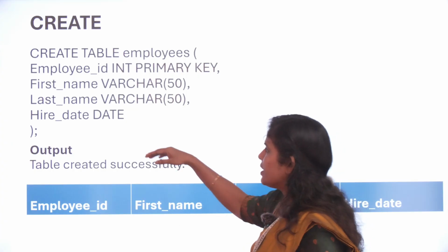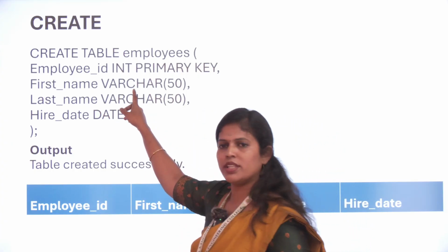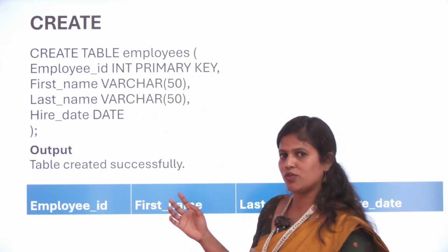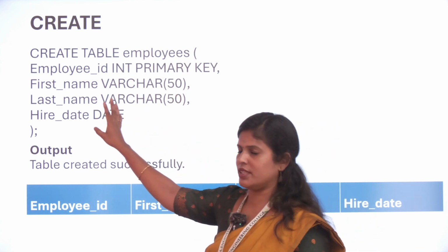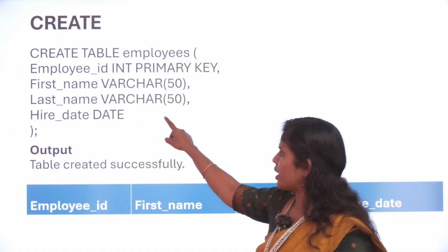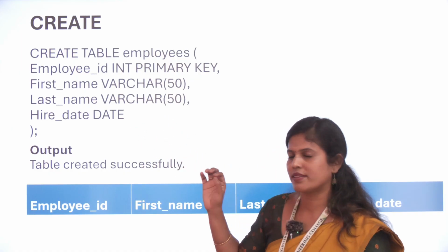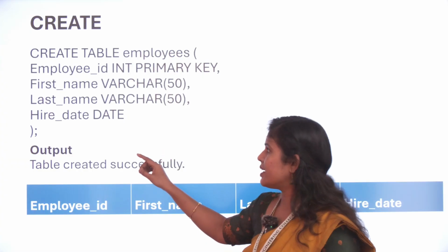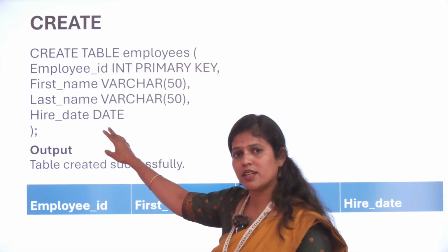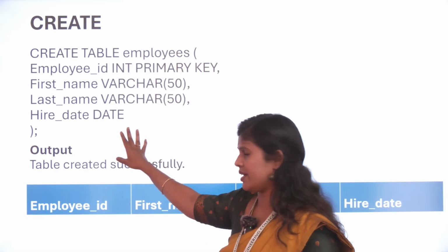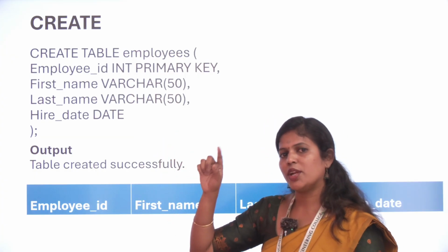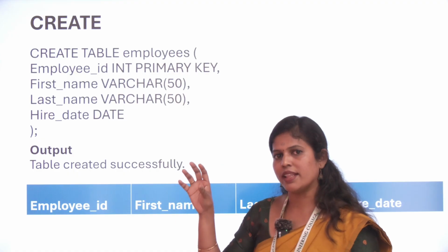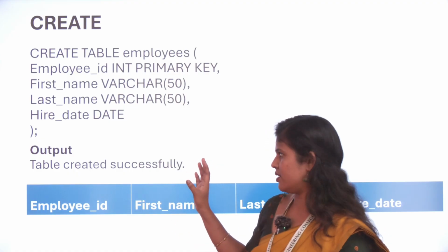The first name will be stored as VARCHAR, which lets you store 50 characters, and the last name also can store 50 characters. Hire date will be stored with the DATE data type, which stores first the year, then the month, and then the date.